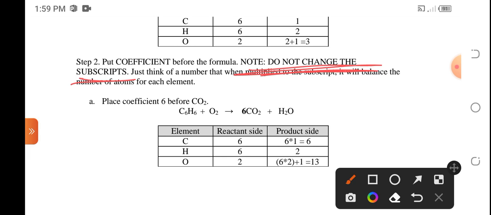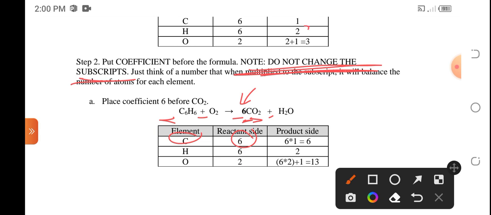What you have to do to balance it is just insert numbers before each formula. If we choose carbon as our first element to be balanced, since originally it has 6, we just have to put 6 before the carbon dioxide, because here in the carbon dioxide, there is originally only one.